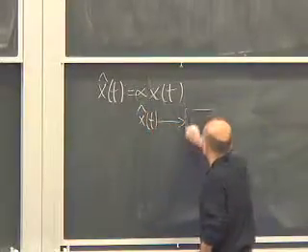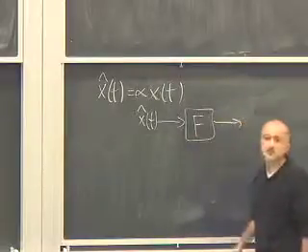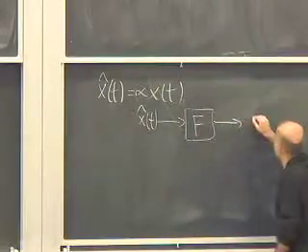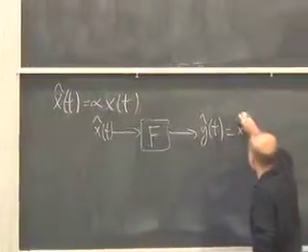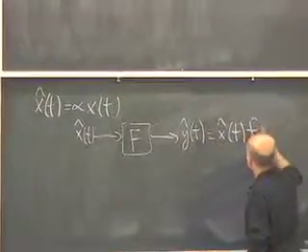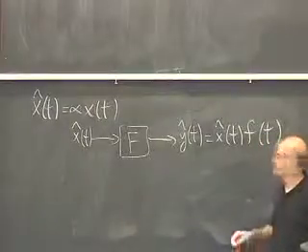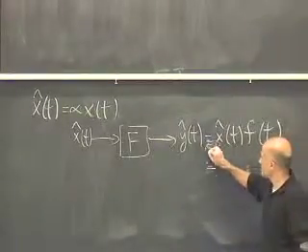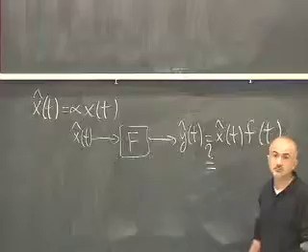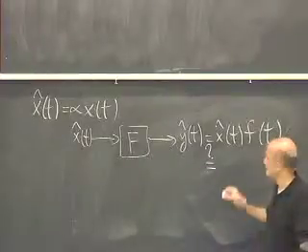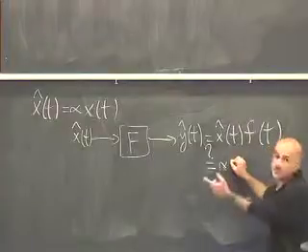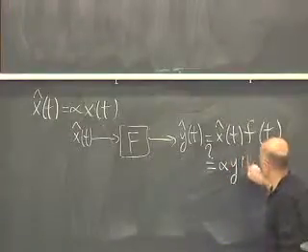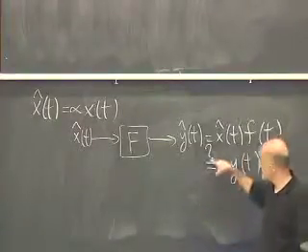What does the system f do to it? Multiplies it by f of t. So y hat is x hat multiplied by f of t. The question is this equal to alpha times the original response, alpha y? So that's the question mark.